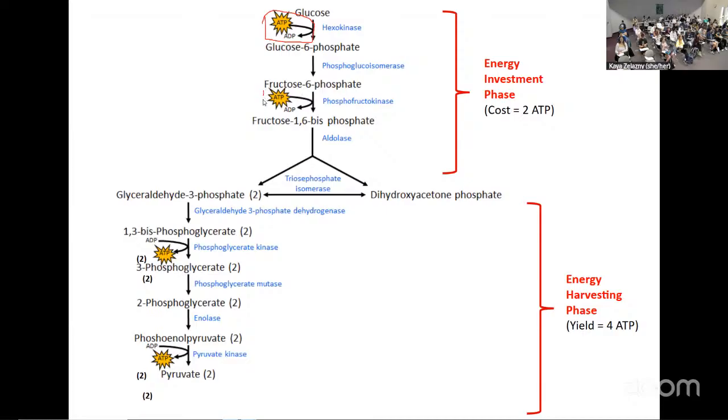In this part where we turned fructose 6-phosphate into fructose 1,6-biphosphate, that took a unit of ATP as well, right? And that puts it into this form that we can then start to break down. So our energy investment phase costs 2 ATP to set us up to do the rest of glycolysis, which is the energy harvesting phase.